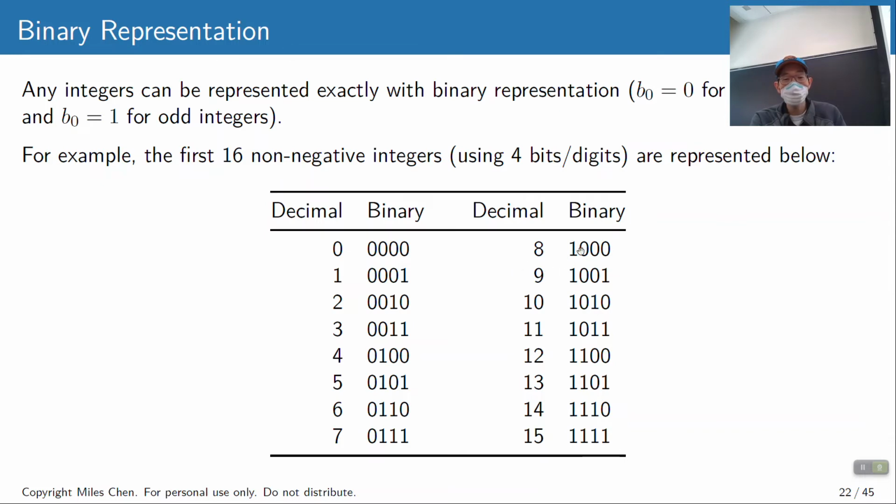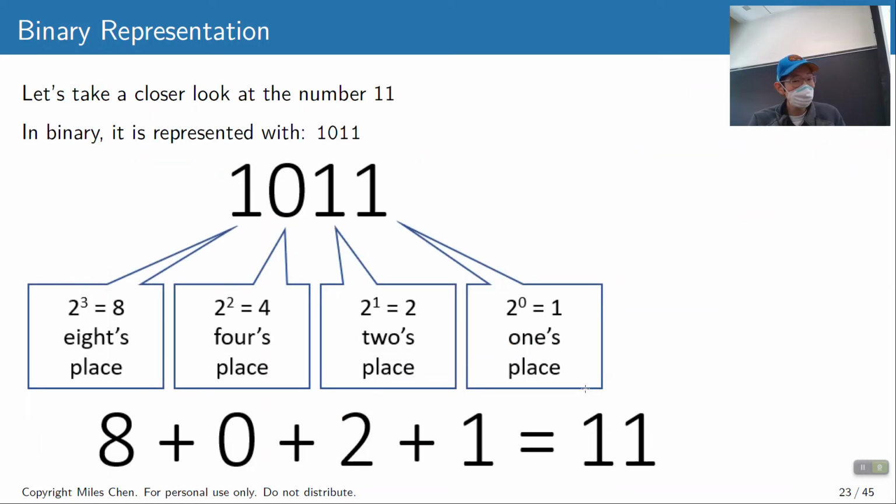And so now 1001 is 9, and 13 is 1101, or basically 8 plus 5, which makes 13. If we look at one of these numbers, 1011, we have a 1 in the ones place, a 1 in the twos place, a 0 in the fours place, and a 1 in the eights place. So if I add 8 and 0 and 2 and 1, those add up to 11.